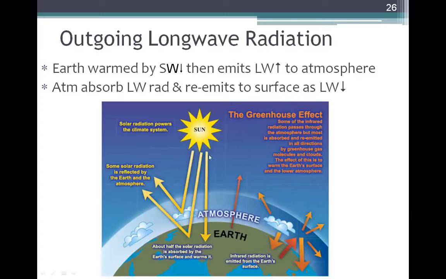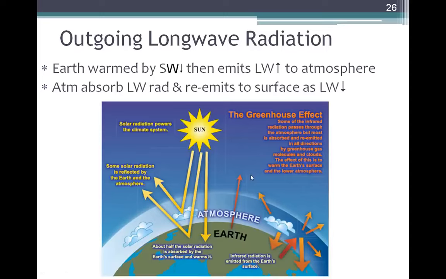So just like the glass in a greenhouse, that energy comes in, heats up the surface inside the greenhouse, and then causes long wave energy to be emitted by the Earth or inside the greenhouse. And the glass in a greenhouse is then impervious to long wave radiation. So whereas it lets solar radiation in and out, it does not allow the long wave energy to get out. So the greenhouse heats up. And this is exactly what happens on the Earth.